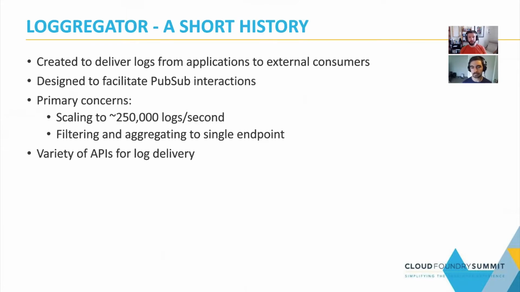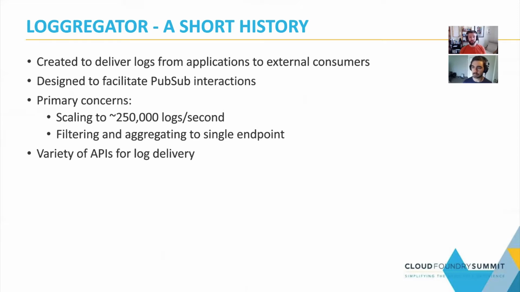And so we've got a short history. The old logging system, or the current logging system, I guess, in CF is called Logregator. And it is essentially designed to vacuum up all of the application logs from the platform and egress them out of a single API endpoint that we've historically called the fire hose.